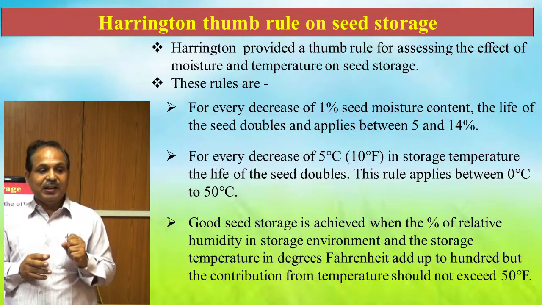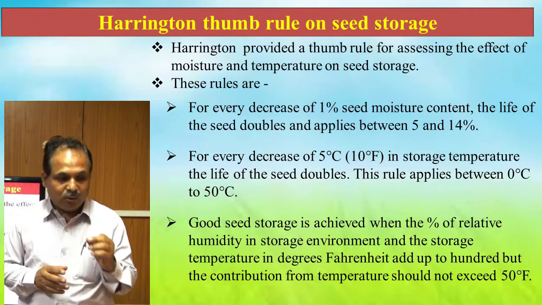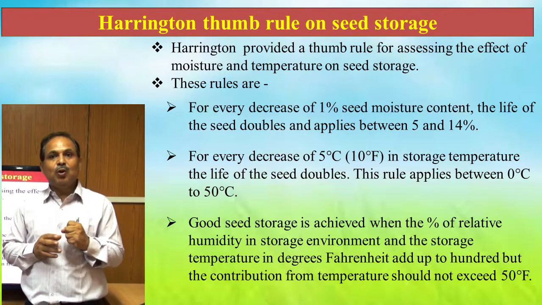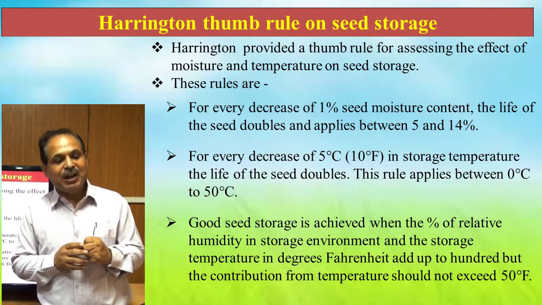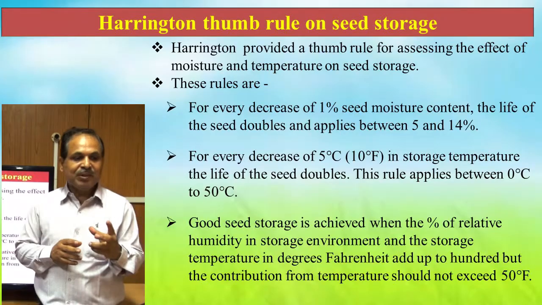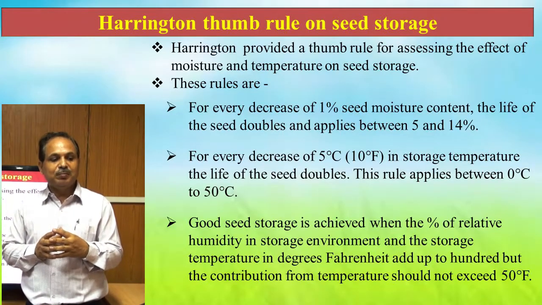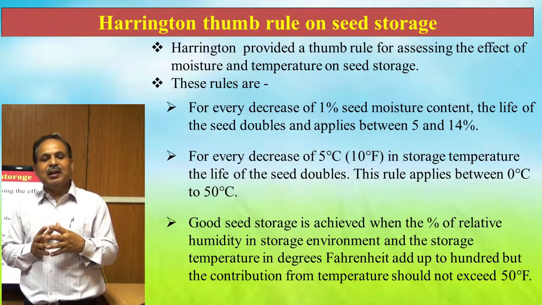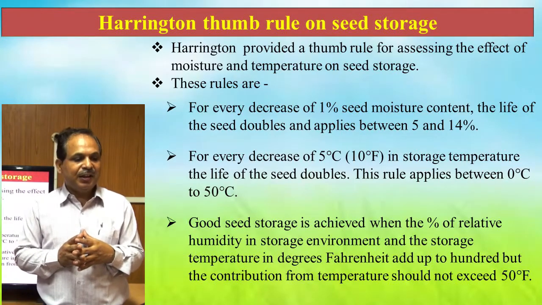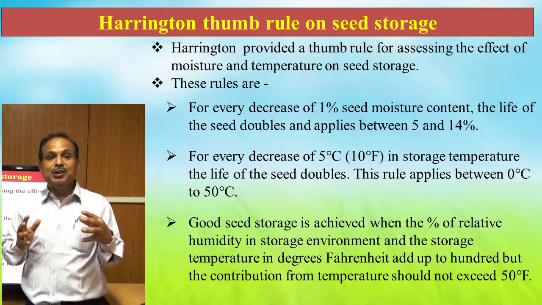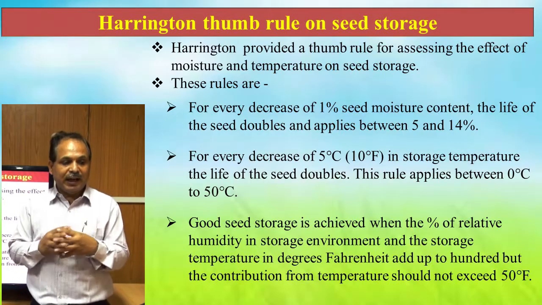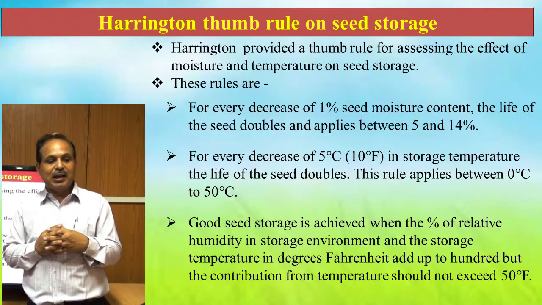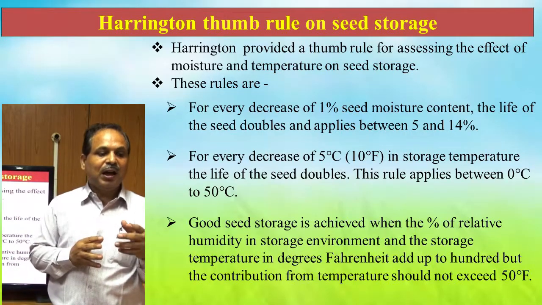The third rule is that good storage may be achieved when the percentage of relative humidity in the storage environment and the storage temperature in degrees Fahrenheit, added together, equal 100.